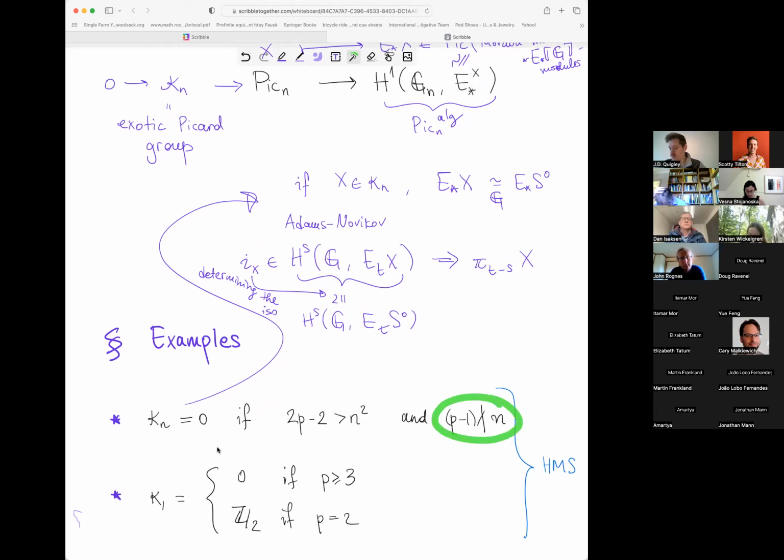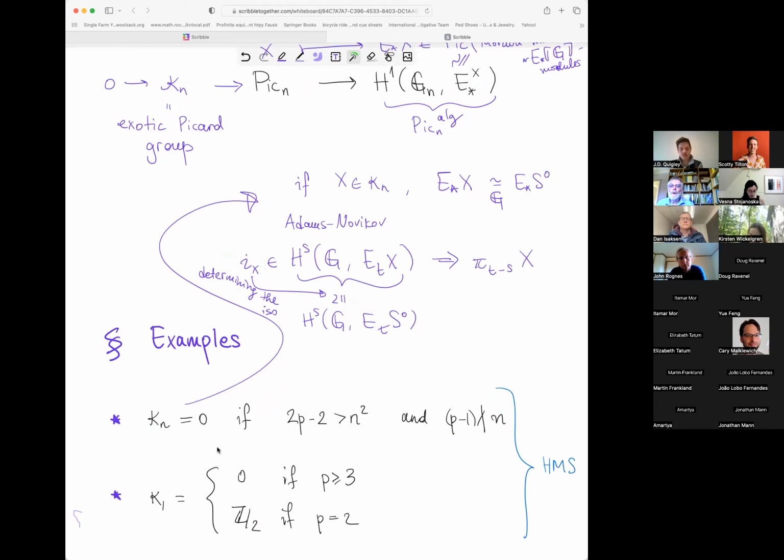This condition ensures a vanishing line on the E2 page, so there's no possibility for this fundamental class to support any non-trivial differentials. And so that makes the algebraic equivalence, or isomorphism, into a homotopical equivalence.